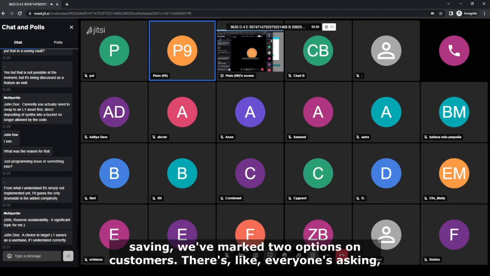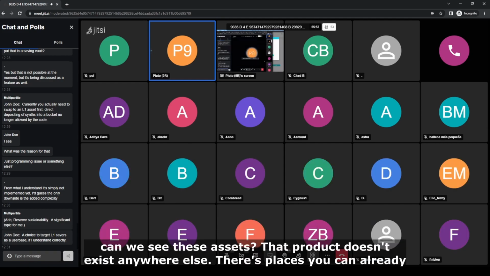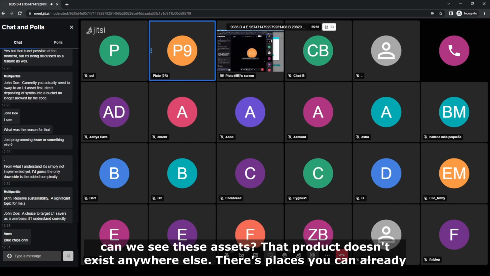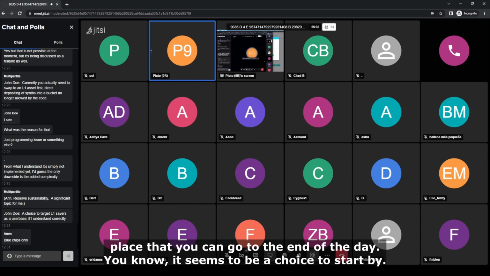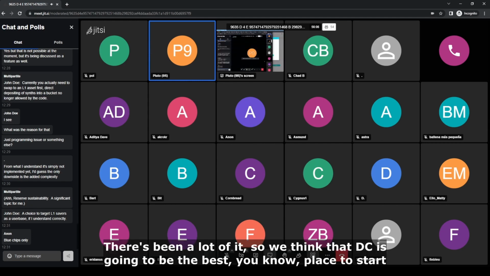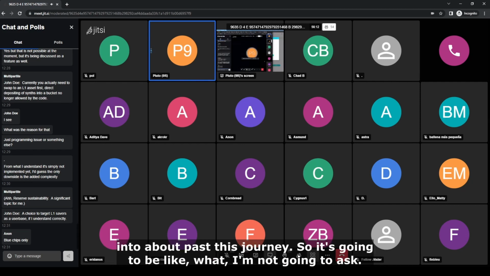We've talked to tons of customers, and everyone's asking for BTC because that product doesn't exist anywhere else. There are places you can already go to earn yield. You can use Rockpool to earn yield today, but there's been nowhere to do this since the inclusion of DeFi. So we think that BTC is going to be the best place to start and to validate this feature.